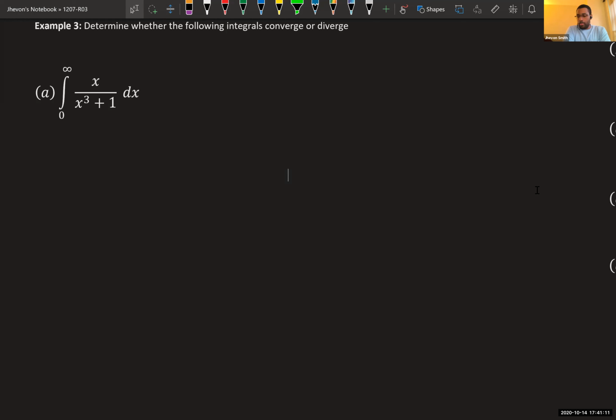Well, here's one option that I might think of. Notice, if I take the original and compare to it something like that, how do these two things compare?